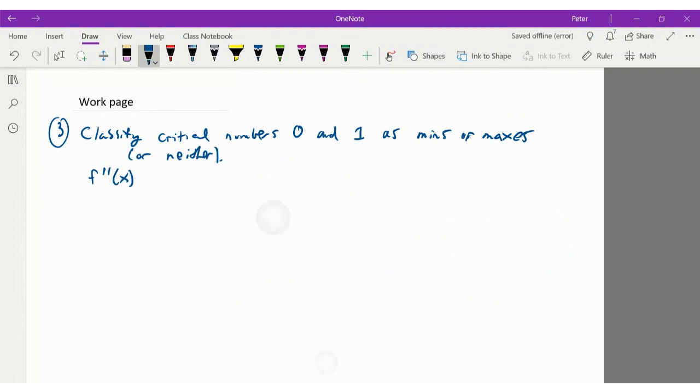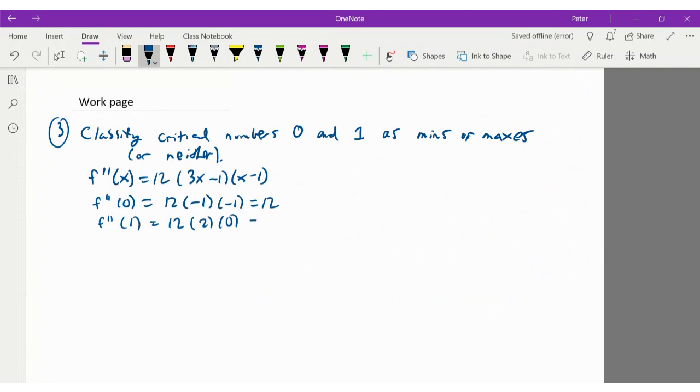So f double prime of x was equal to 12 times 3x minus 1 times x minus 1. So f double prime of 0 is going to be 12 times negative 1 times negative 1, which is 12. And f double prime of 1 is going to equal 12 times 2 times 0, which is 0.